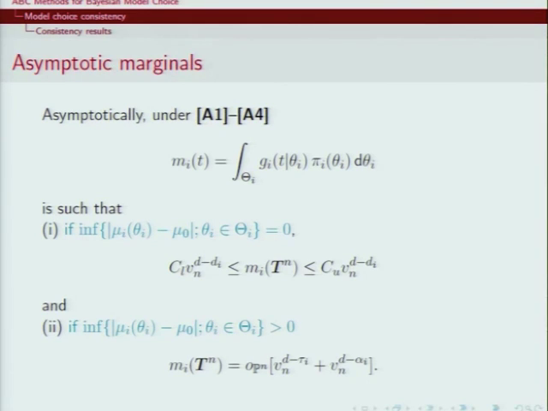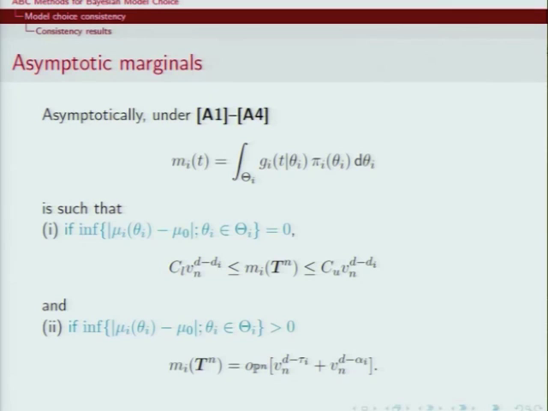On the opposite, if mu naught is not within the range of the mu I of theta i's, which means that definitely model I cannot be the right model. So if MI is not the right model and doesn't contain mu naught, then in that case, MI of Tn goes down to 0 at a speed that is either Vn to the d minus tau I or d minus alpha.